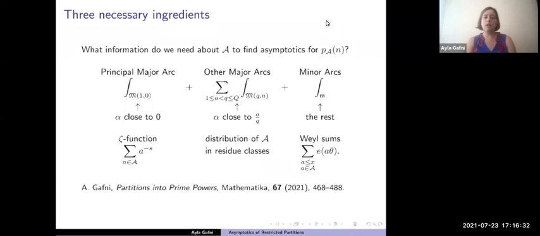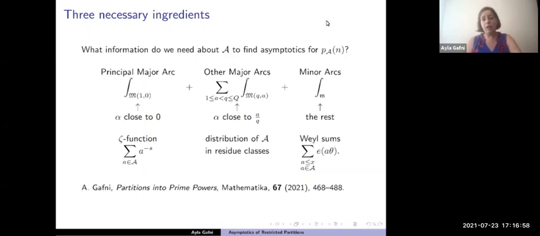And the answer is you would need 3 pieces of information, 1 for each piece of the integral. So the first is on your principal major arc, you're going to need to understand that special zeta function. On the non-principal major arcs, you're going to need to understand how it behaves in residue classes. And on the minor arcs, you're going to need to understand these Weyl sums.